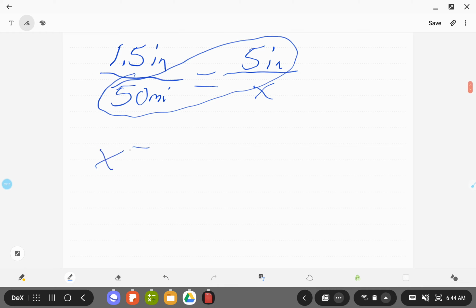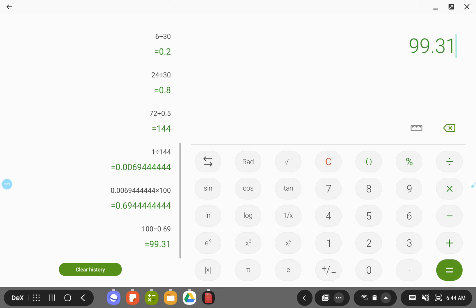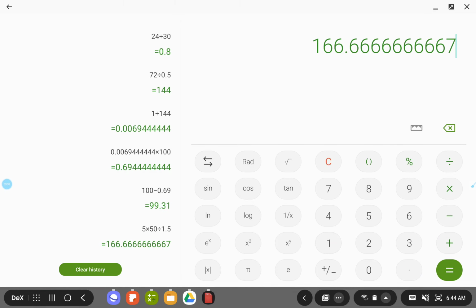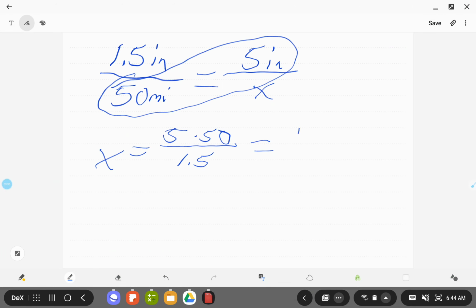So x would equal 5 times 50 divided by 1.5. 5 times 50 divided by 1.5 is 166.666, so that would be 166.7 miles. And there we have it.